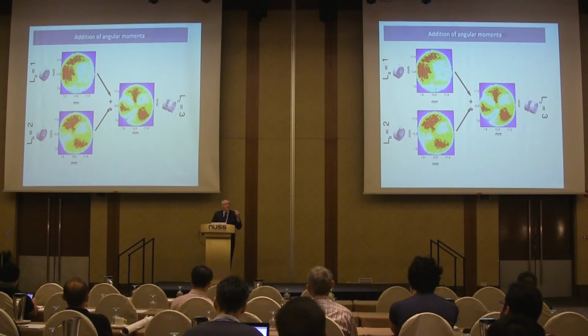Very straightforward principle. The addition of angular momentum is possible with these systems. So we have here the interferogram for a spiral phase plate with a winding number of 1, which shows a 1 plus cosine theta distribution. Another one for the winding number of 2 shows the 1 plus 2 cosine theta.